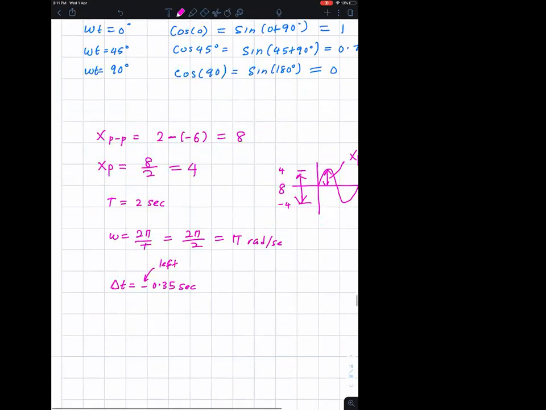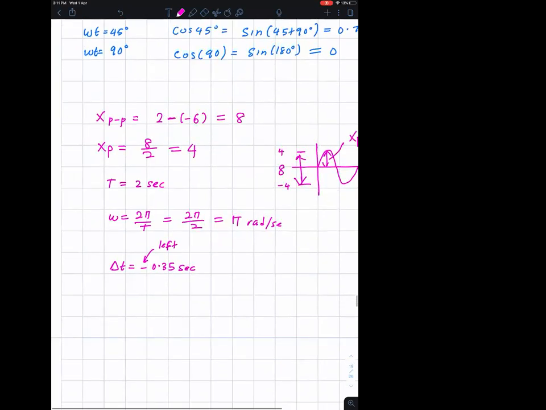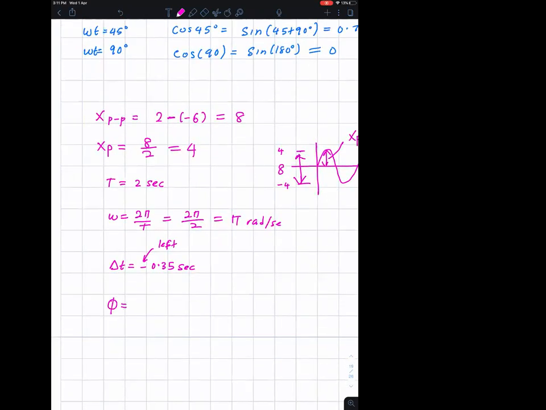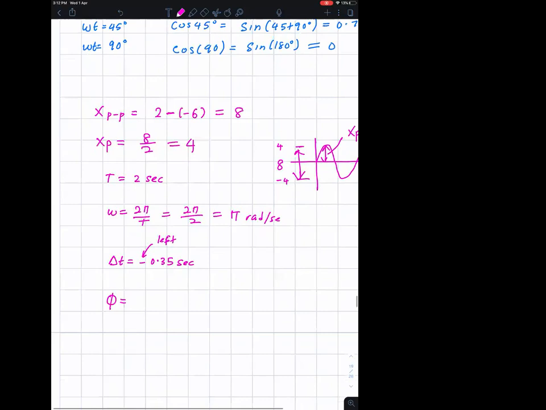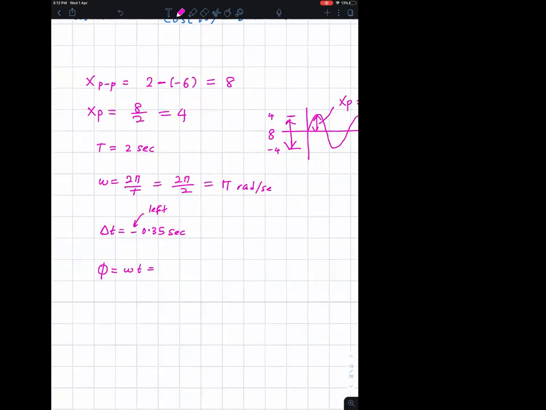So that means I can find my phi. The shift in time, you can convert that to shift in radians or degrees. We know phi is omega t, frequency times time. Frequency we found out is pi.